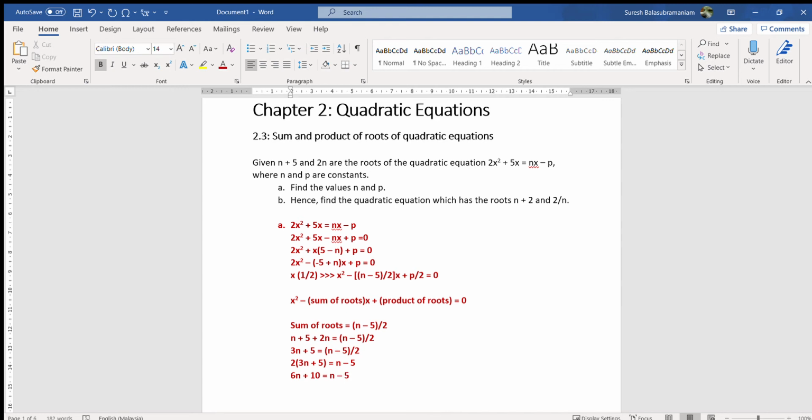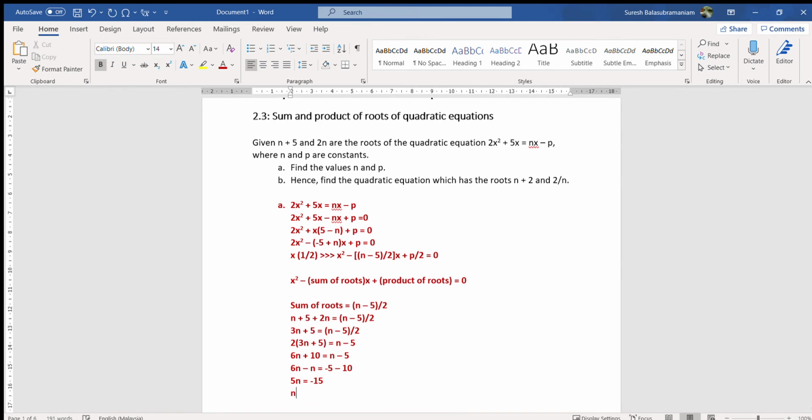So bring the n all to my left, 6n minus n equals, and the numbers to my right, negative 5 minus 10. So I get 5n equals negative 15.